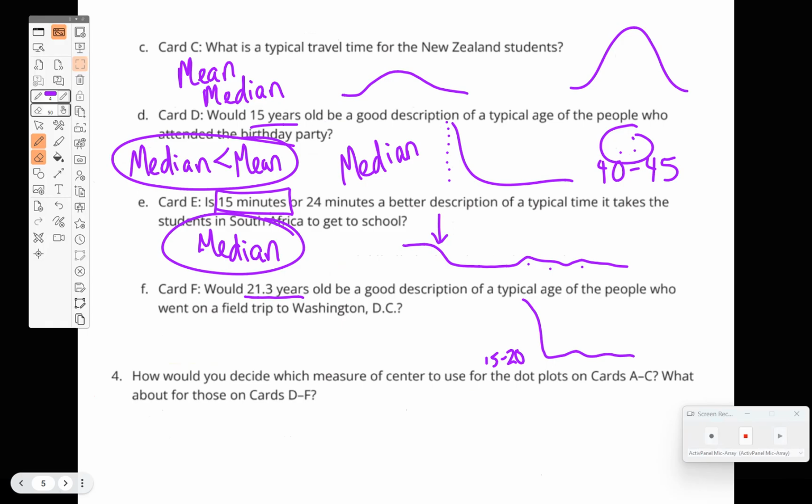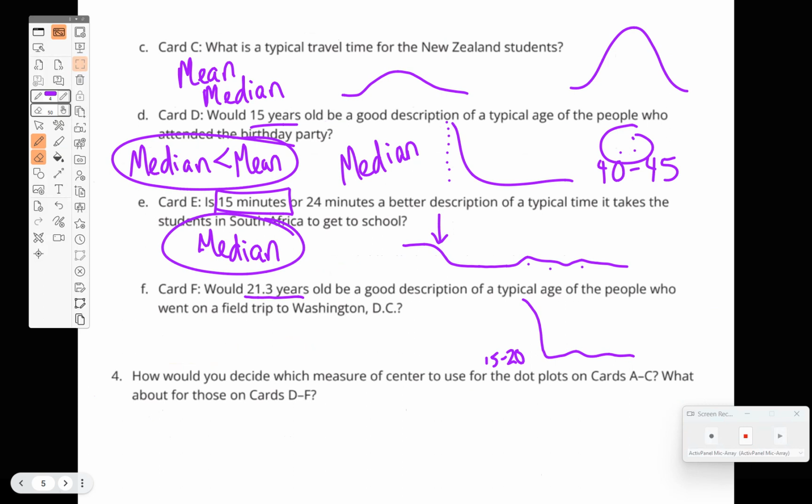Yeah. Why is it hard to tell on a histogram who's closer to 15 and who's closer to 20? There's ranges. So I don't know if the majority of those 30 people are 15 or if the majority of them are 20. 19. Or 19.